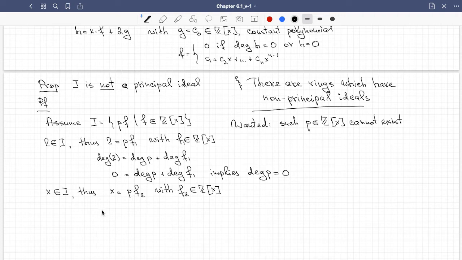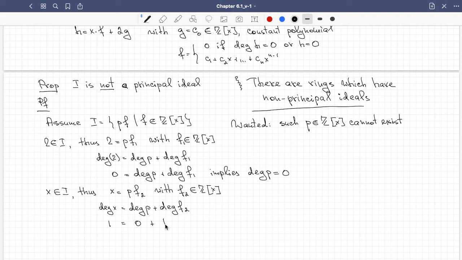In this case, degree x is degree p plus degree f2. We already know that degree of the polynomial p is 0. This is 1. This is a polynomial of degree 1. It is 0 plus the only chance for f2 is to have degree 1.